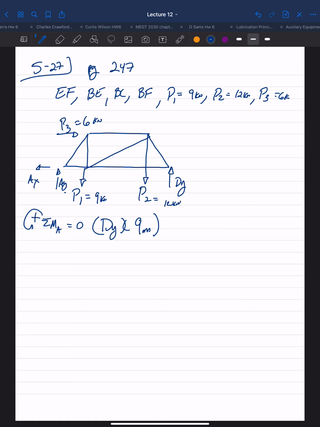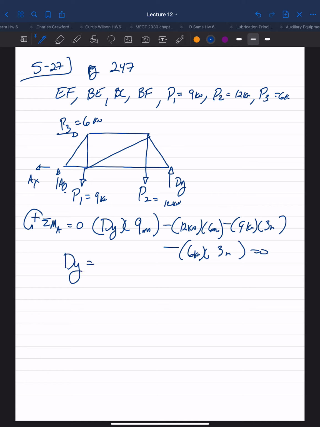So dy times 9 meters minus 12 kilonewtons times 6 meters minus 9 kilonewtons times 3 meters minus 6 kilonewtons times 3 meters. Dy is 13 kilonewtons.